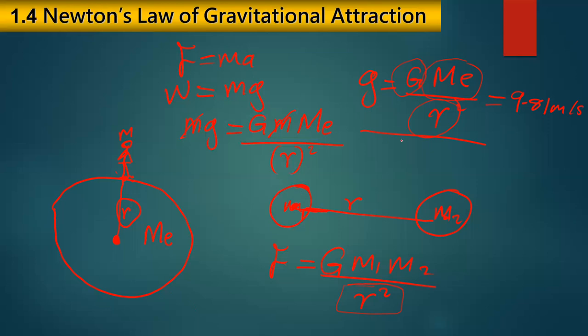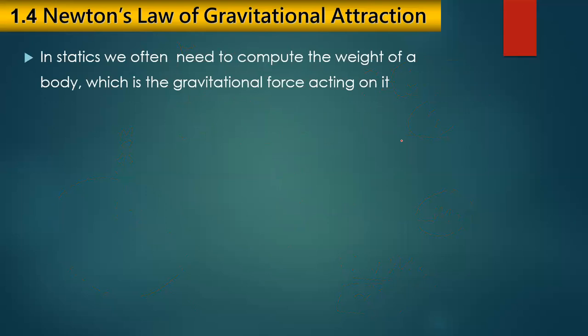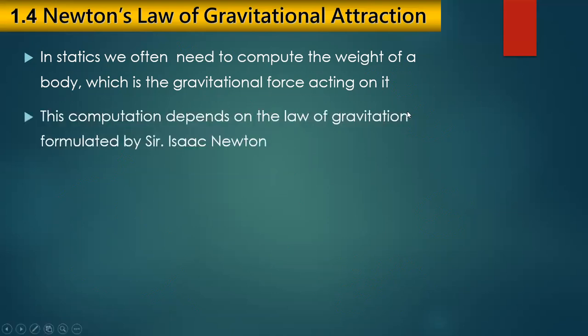All right, so let's quickly move on to the units of measurement. So let me go through the notes. In statics, we often need to compute the weight of a body, which is the gravitational force acting on it. This computation depends on the law of gravitation formulated by Sir Isaac Newton.